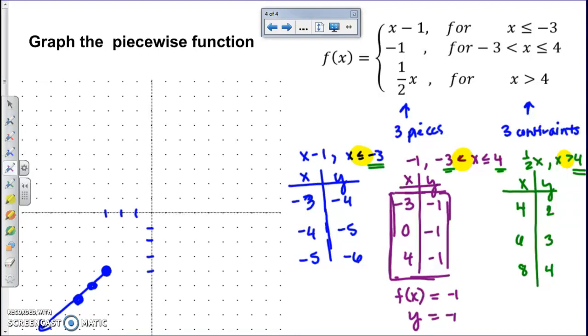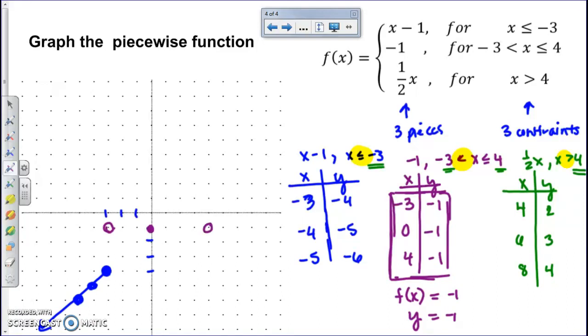So for -3, -1, we're going to be here. And do we allow that to be a closed circle or an open circle? Well, the rule states that x is not equal to -3. So we're going to leave that circle open. And then we'll go to 0, -1, and 4, -1.